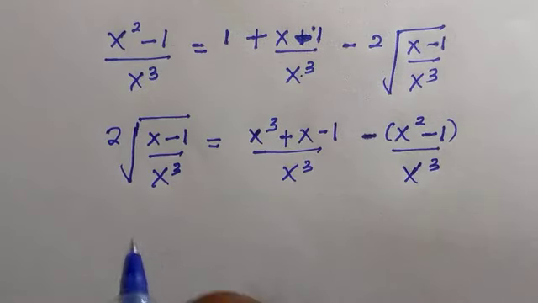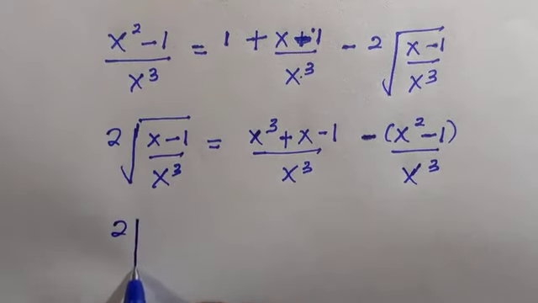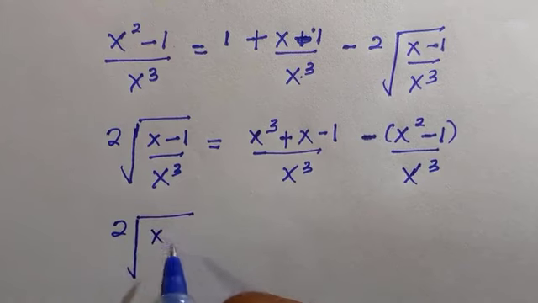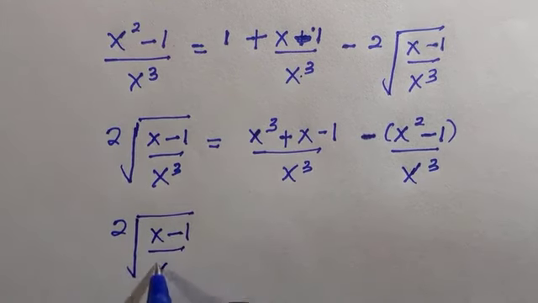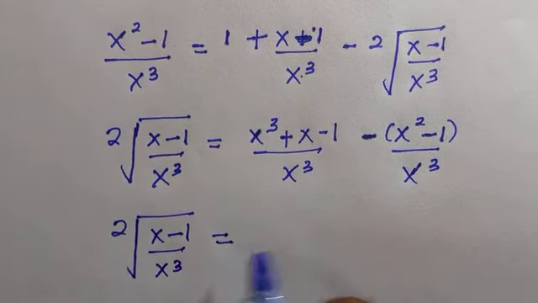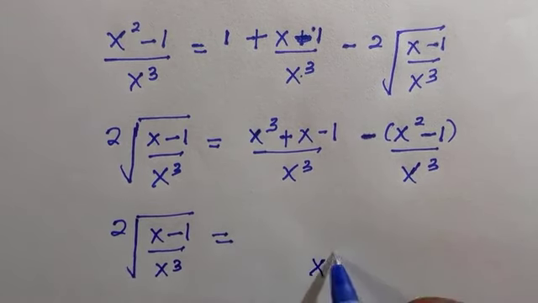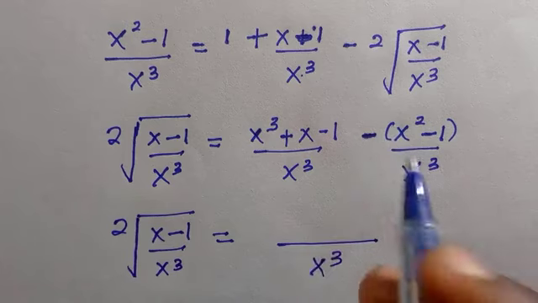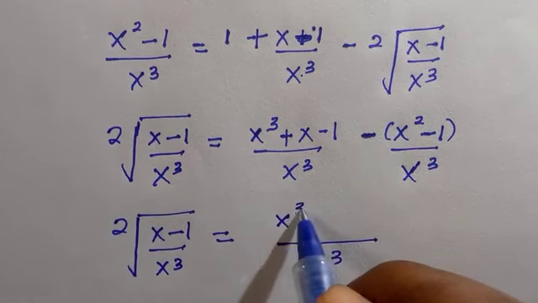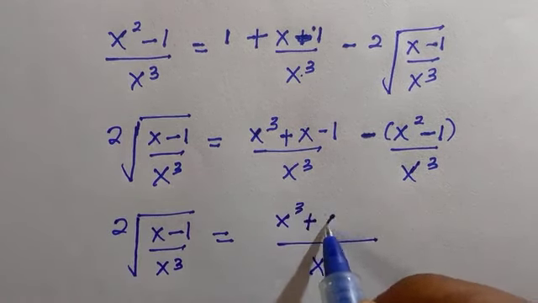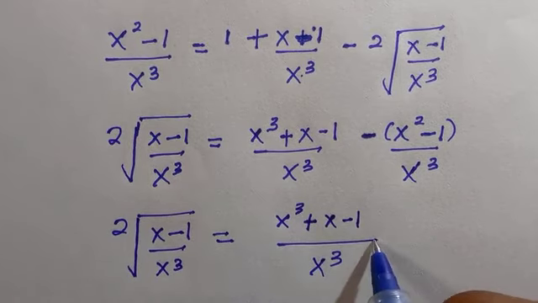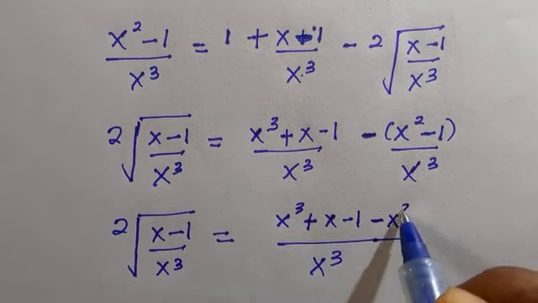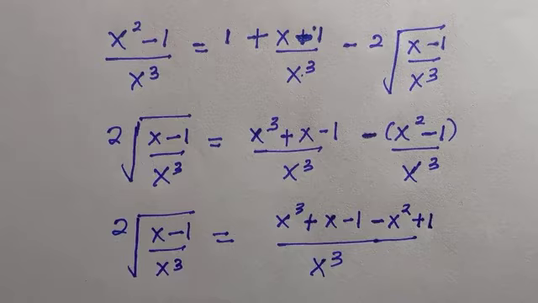Then the left hand side still remains the same, which is 2 root x minus 1 divided by x raised to power 3 equals, the LCM of this is x raised to power 3, and if we try to expand this, we have x raised to power of 3 plus x minus 1, and here by opening the parentheses, we have minus x squared plus 1.